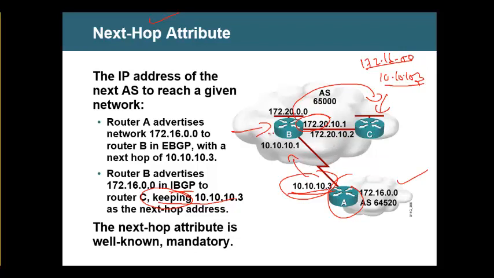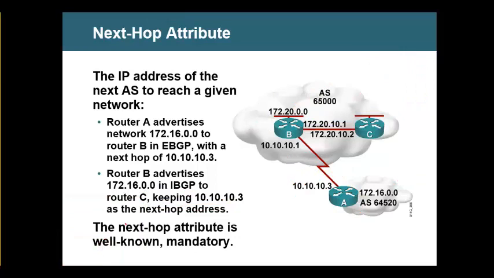If you want B to change the next hop, we used to say what? Next hop self command. So that instead of 10.10.10.3, it will advertise 172.20.10.1. If you put next hop self on router B. So all this we have crossed already. We have covered already.